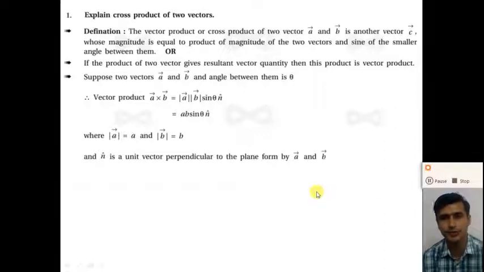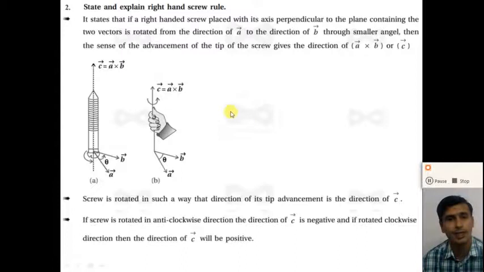Now dear student, how can we find the direction of the vector product a cross b? The direction of a cross b is found with the help of the right hand screw rule, and it is perpendicular to the plane formed by both the vectors. So dear student, what is the right hand screw rule for finding the direction of a cross b?